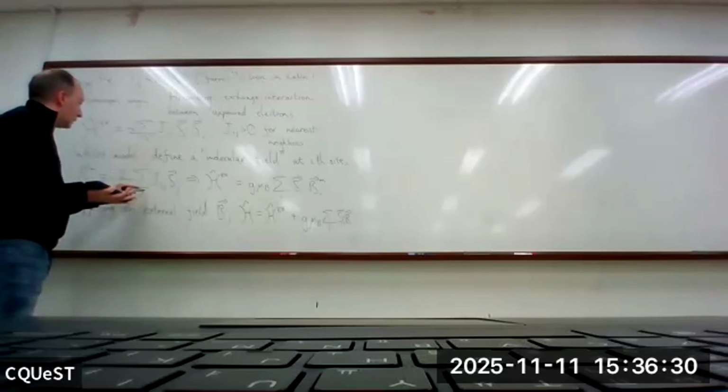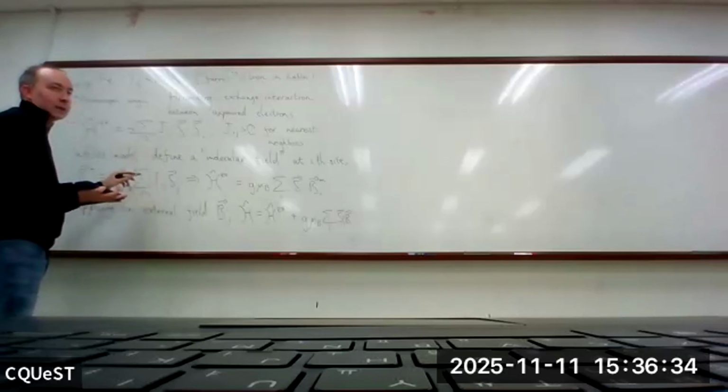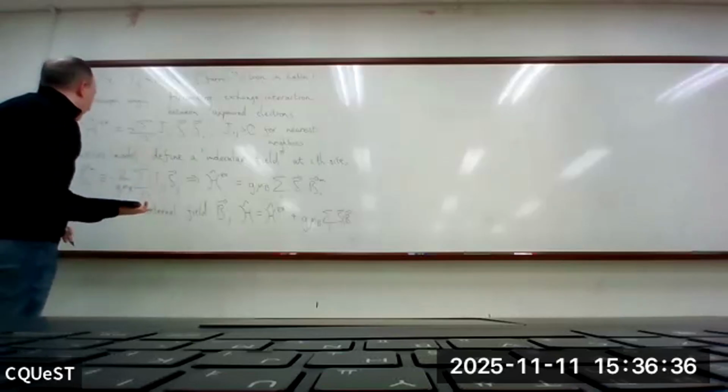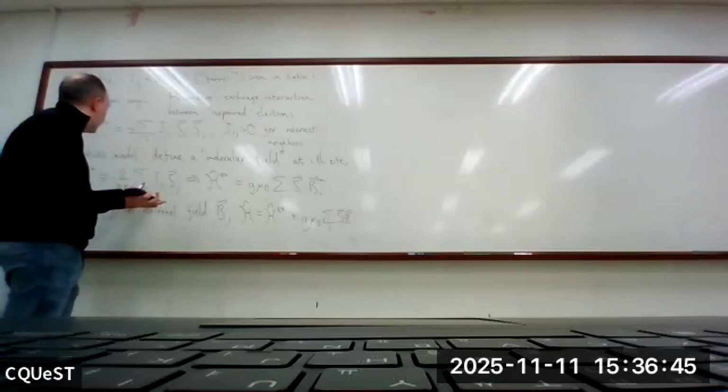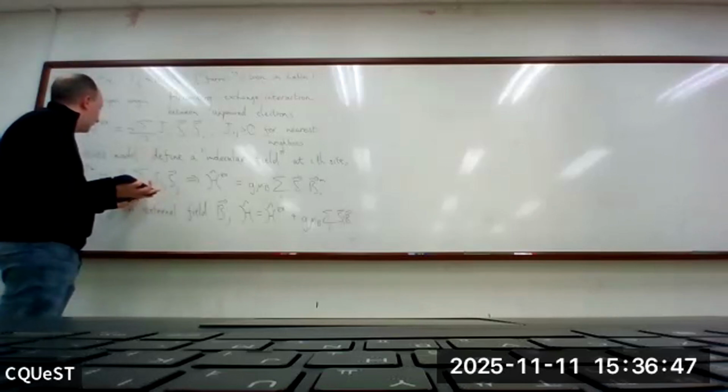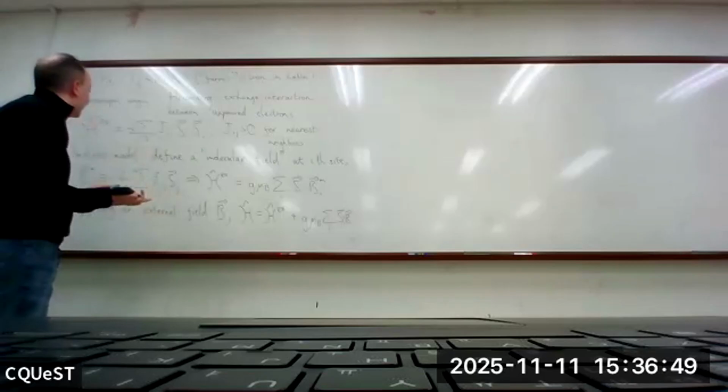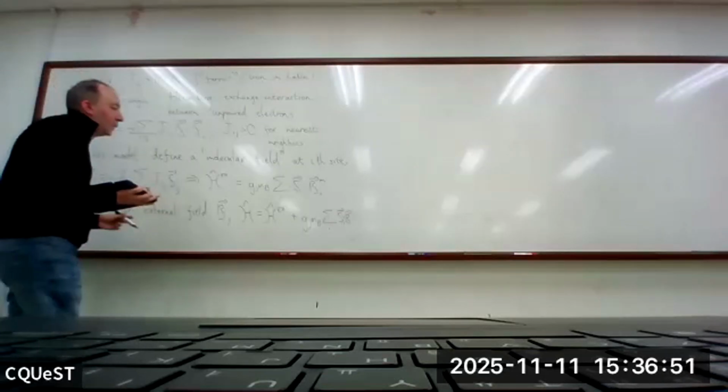So to correct it, this should be a sum over J less than I. Let's move on.